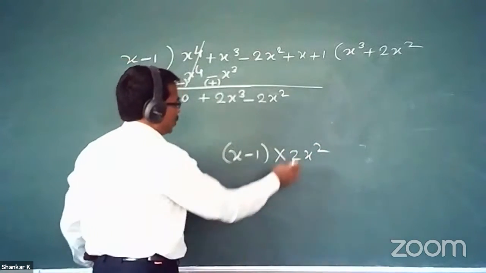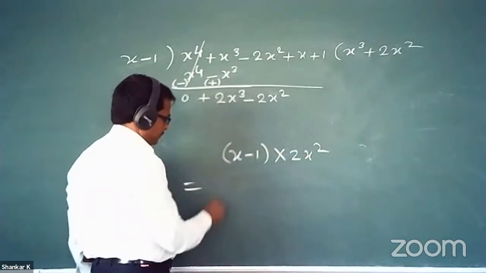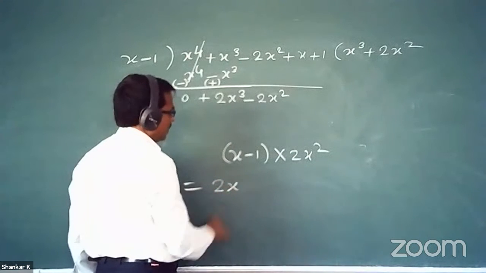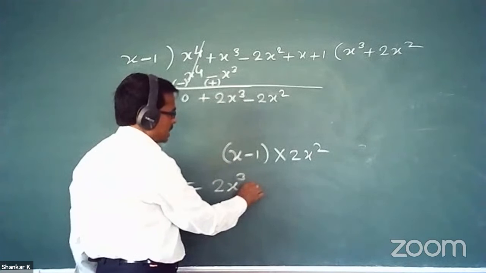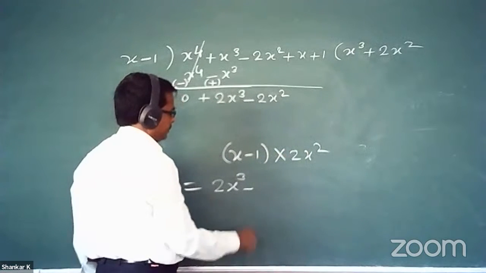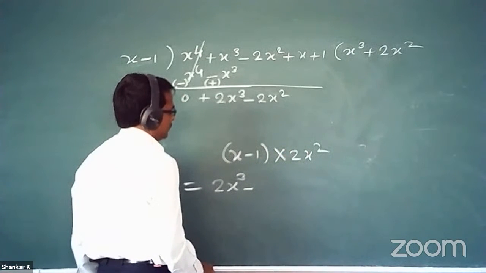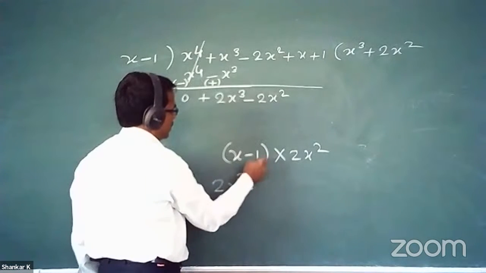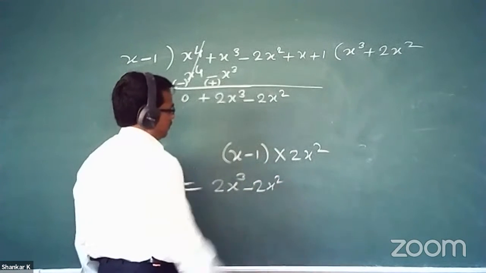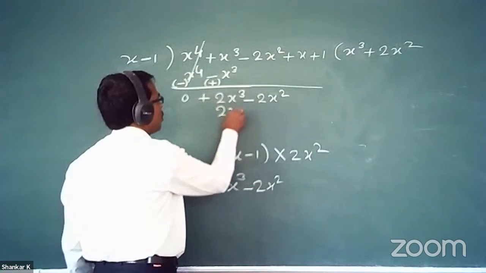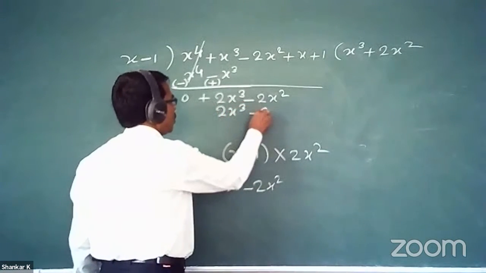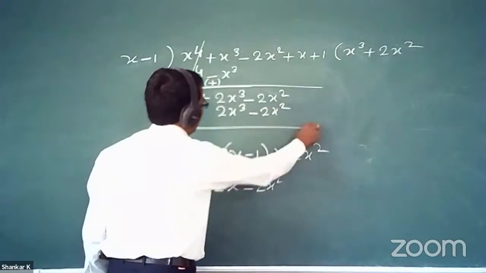Now 2x square into x gives 2x cube, minus 1 into 2x square gives minus 2x square. Write this here: 2x cube minus 2x square.